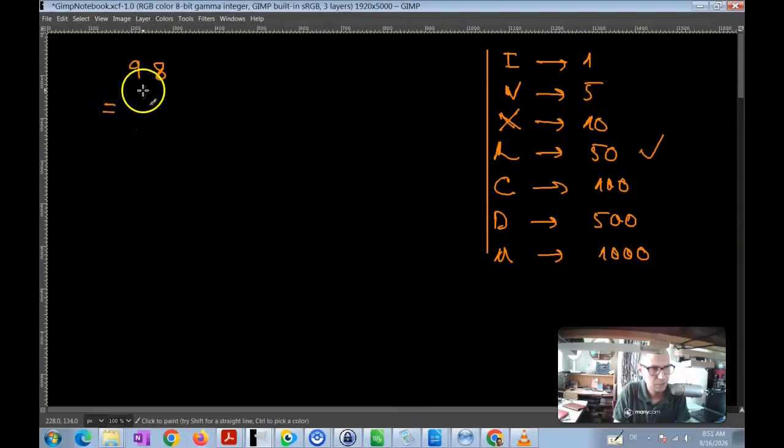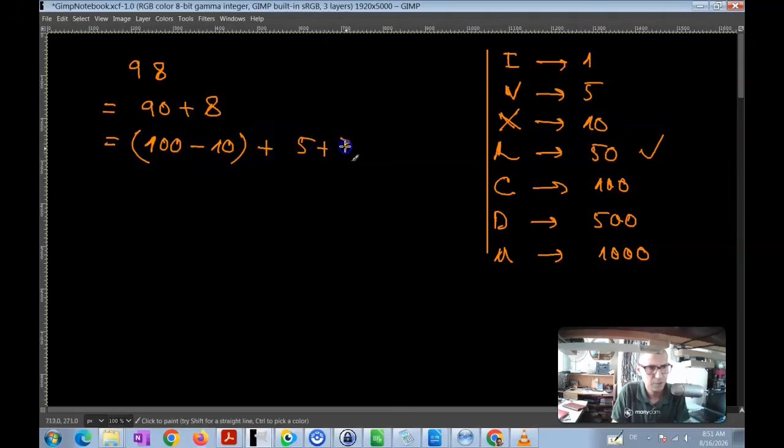So we will write this as a 90 plus an 8, right? For the 90 part, I'm going to write 100 minus 10. And for the 8, I'm going to write 5 plus 3, right? Now 100 minus 10 would be a C. C would be 100, and then you want to subtract the 10, so you put the 10 on the left hand side, right?